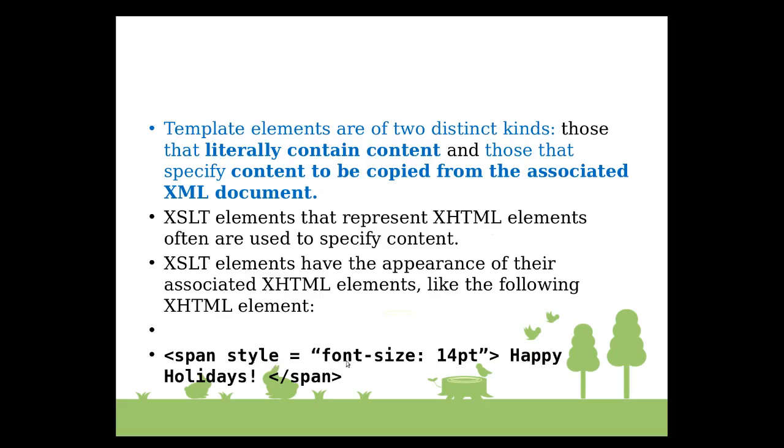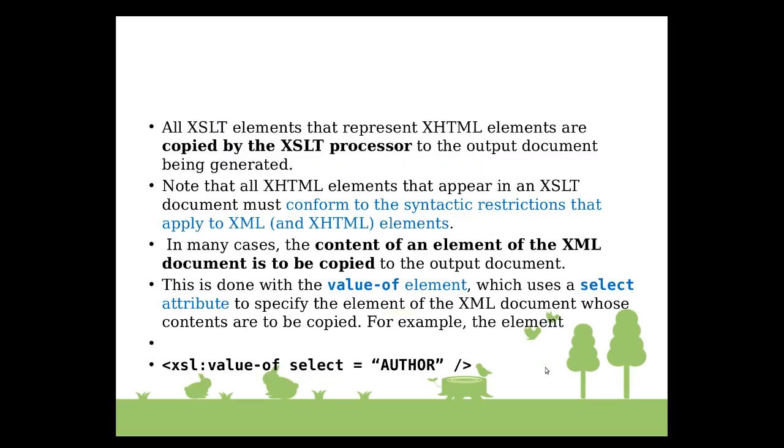So style information: style is assigned font size 14 point and some content, happy holidays. All XSLT elements that represent these XHTML elements are copied by the XSLT processor to the output document.